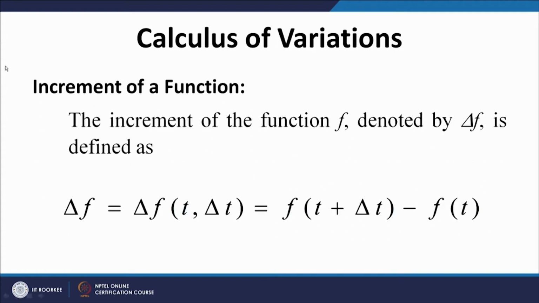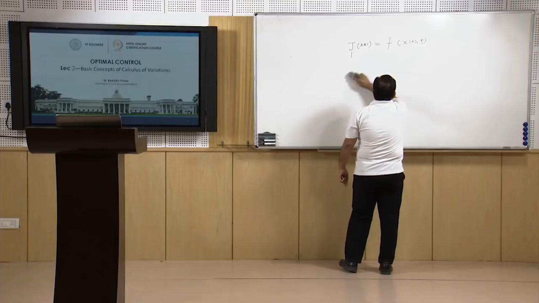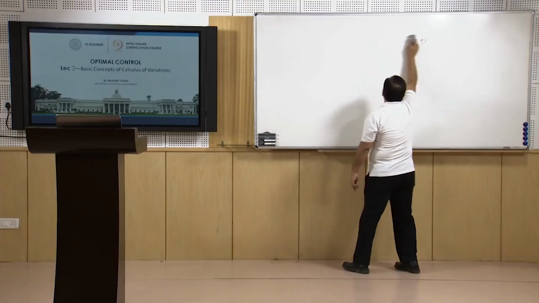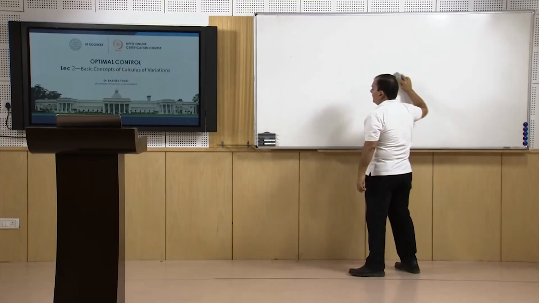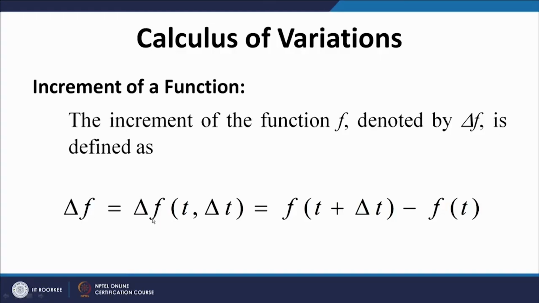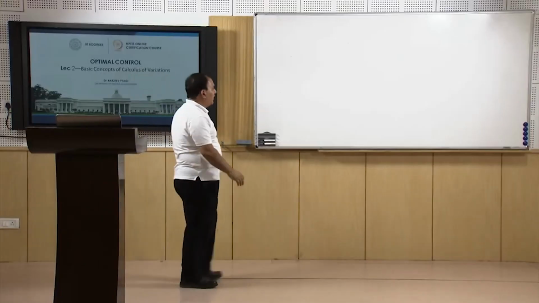Then we define the increment. There may be an increment in a function and an increment in a functional. By definition, the increment of a function, denoted as delta f, is simply defined as f(t plus delta t) minus f(t). So what is the meaning of the increment?